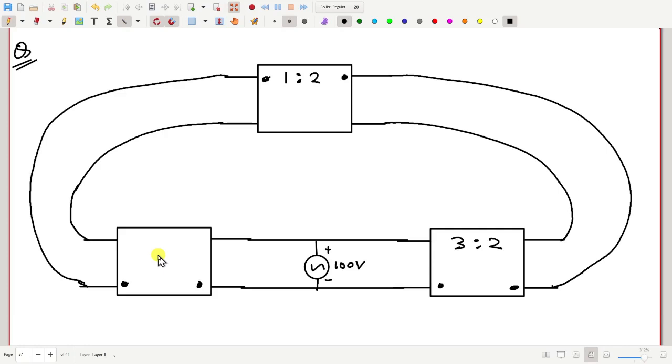Maybe it will be easier for you if I put this source here. Now tell me what should be the turns ratio of this third transformer.